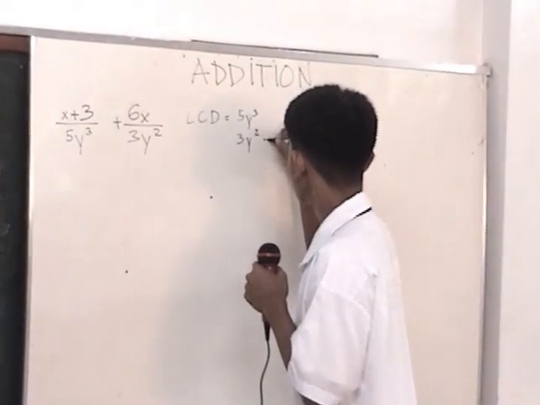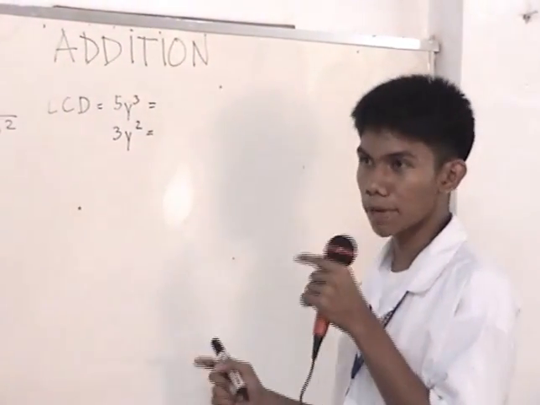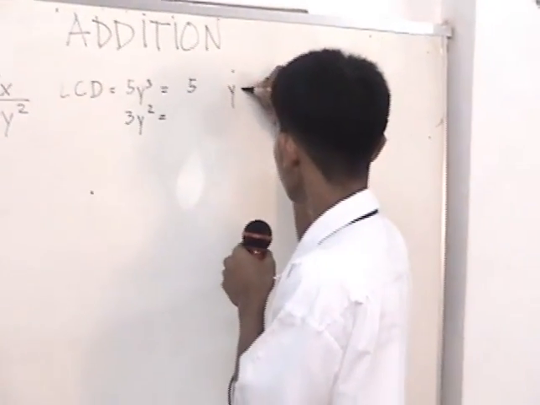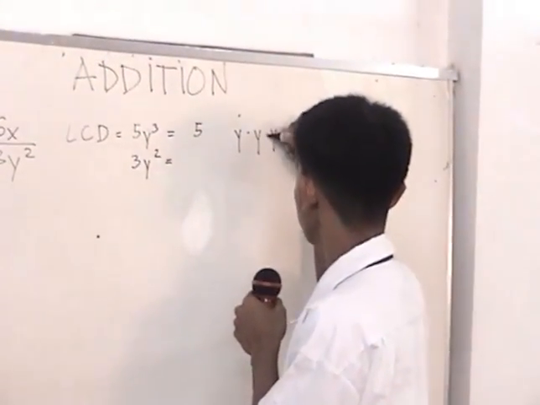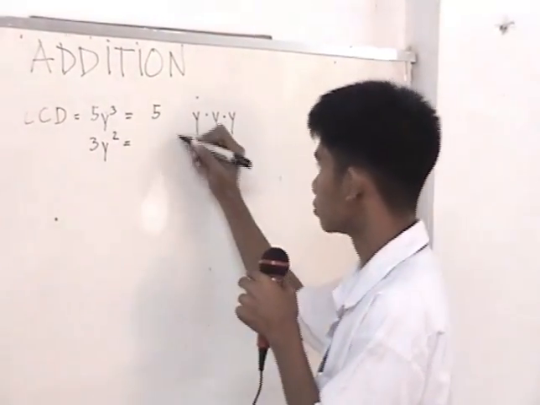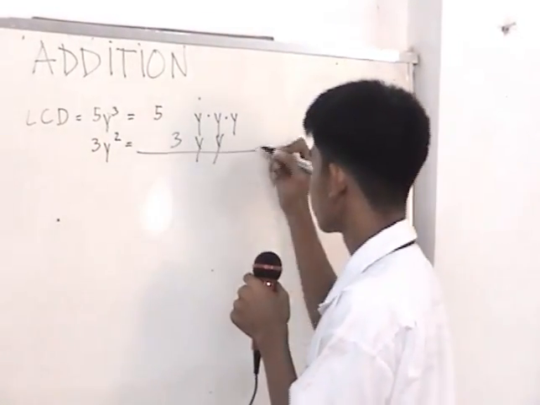The prime factors of 5y cubed is equal to 5 times y times y times y. The prime factors of 3y squared is equal to 3 times y times y.